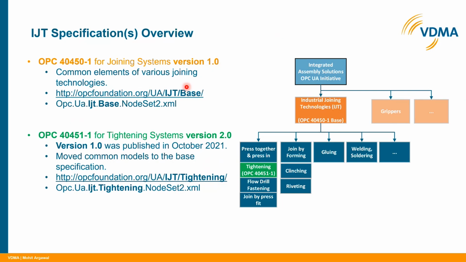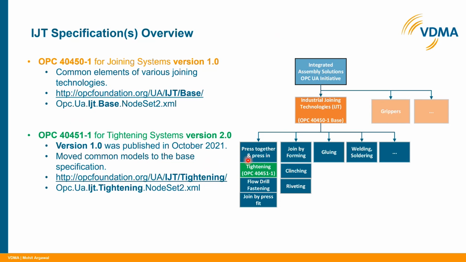So as I mentioned here, now this year in March 2024, we published two different specifications. One is the OPC 40450 base specification, which is common for all the joining technologies.